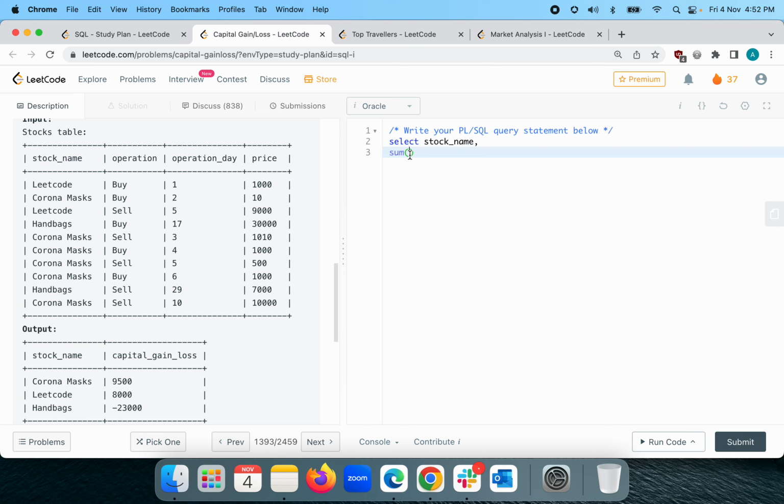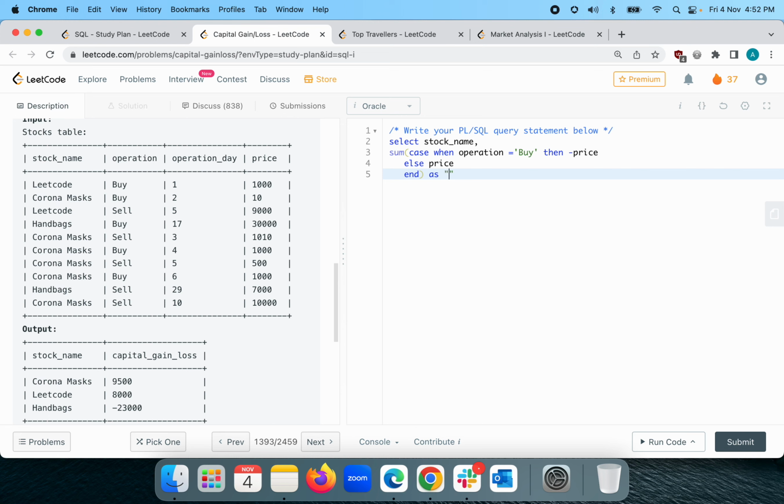So I can use a case statement: case when operation is 'Buy', then I want my price to be negative, else the price is the normal price. When it is buy, I want my price to be negative, otherwise it should be positive. And we can end this case statement here.